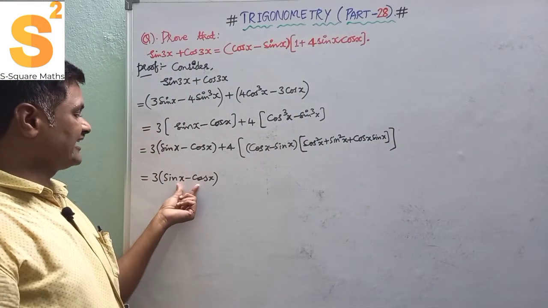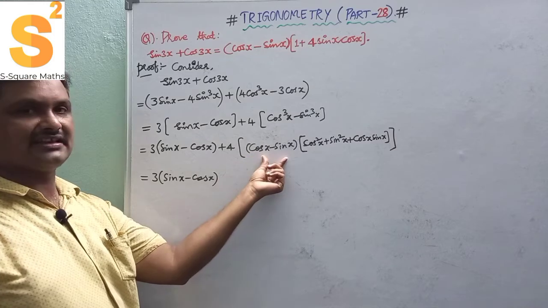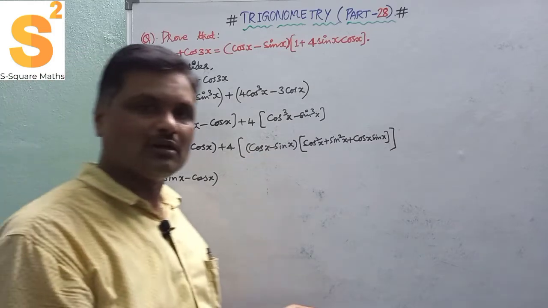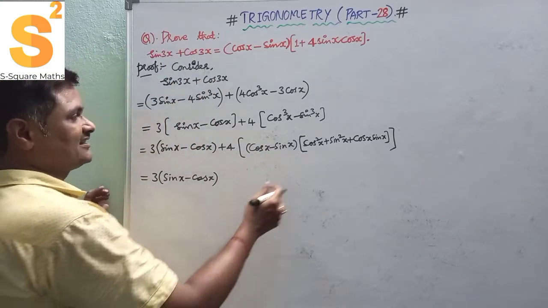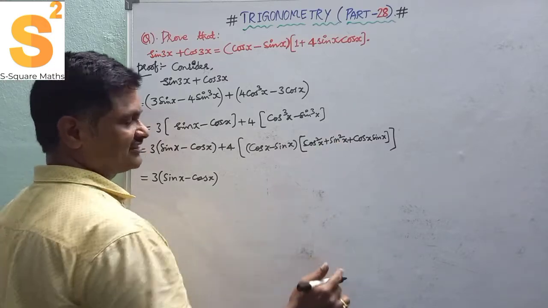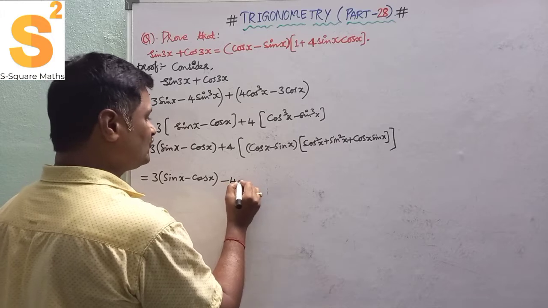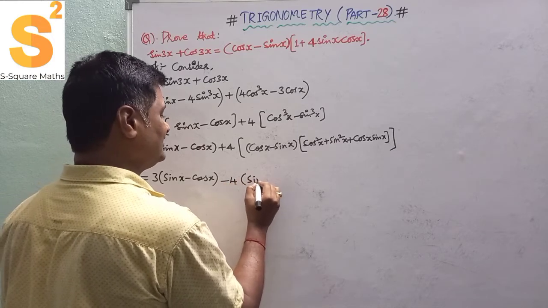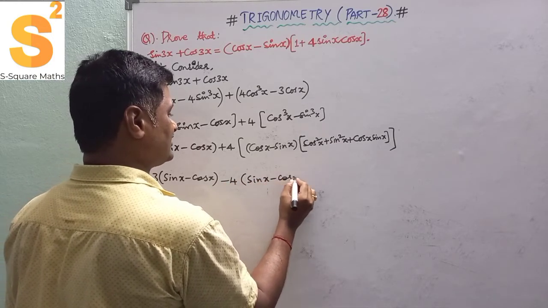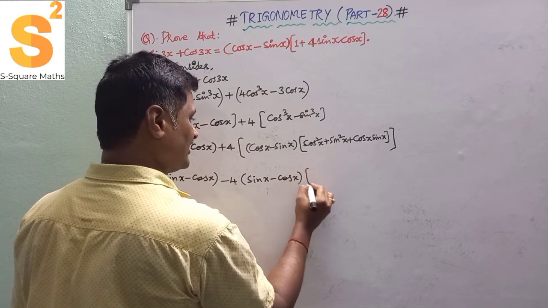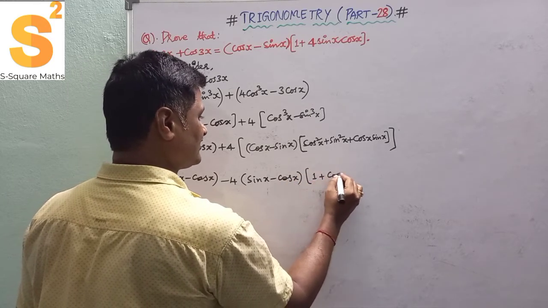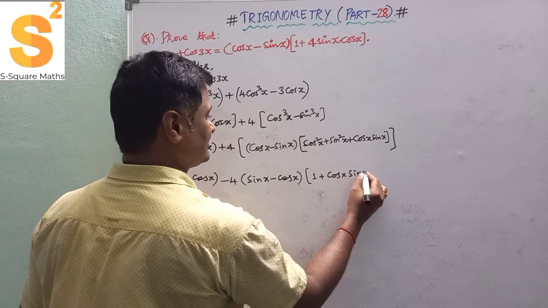Since I have here sin x minus cos x, and here cos x minus sin x, to take as common in the next step, I am changing the sign. At the same time, sin square x plus cos square x is what? 1. So now here minus 4 of, I can write here sin x minus cos x into this one is 1 plus cos x into sin x.